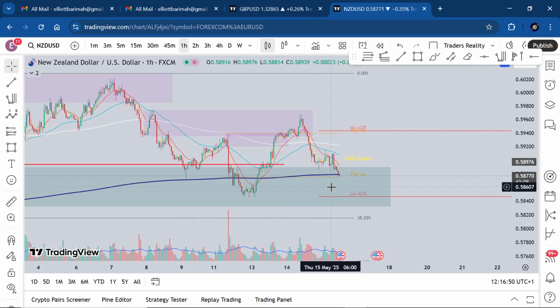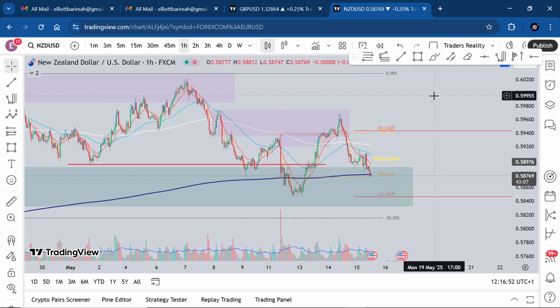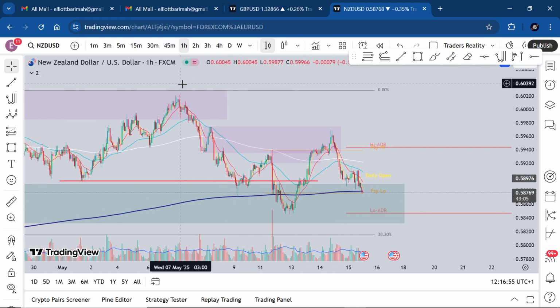Between 1.5 and 2 times the length of 1. Wave 2, A, B, C, is usually most commonly between 1.5 and 2 times the length of 1.